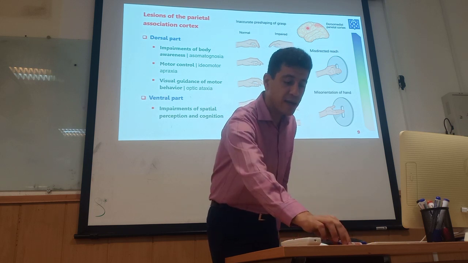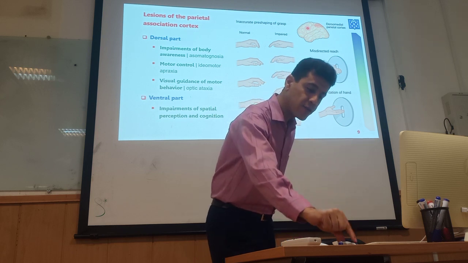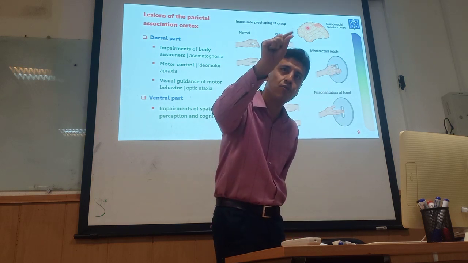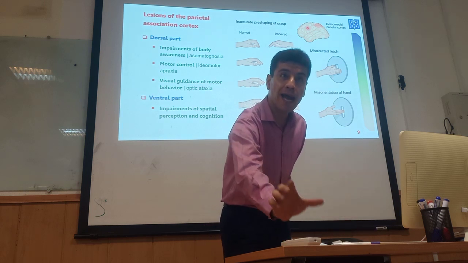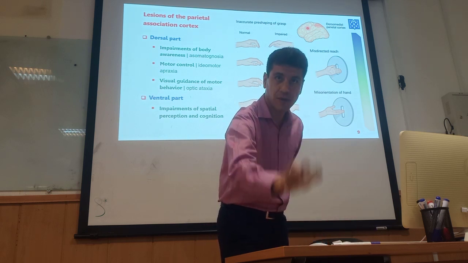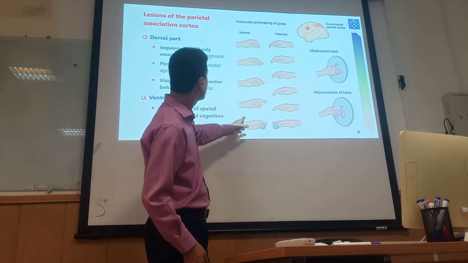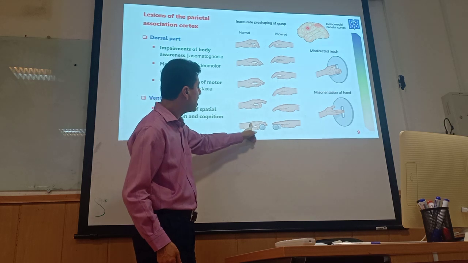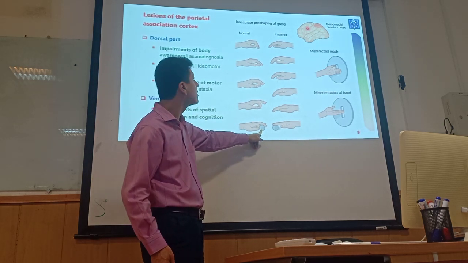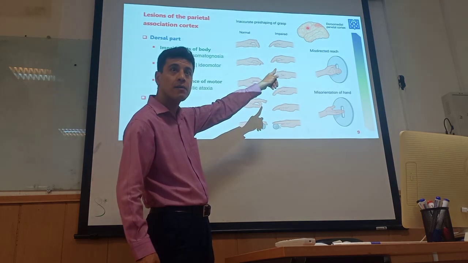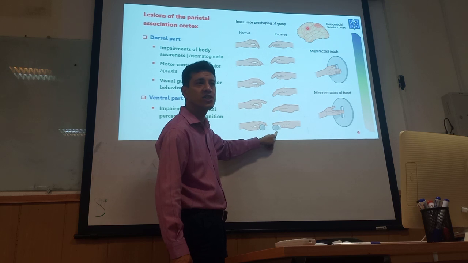If the object is this, then the hand should be like this. So you use these two fingers to remove this, but you use the whole hand to remove this one. Okay? So we call this pre-shaping. In the normal situation, the shape of the hand matches the shape of the object. But when there is damage there, the shaping of the hand doesn't match the shape of the object.